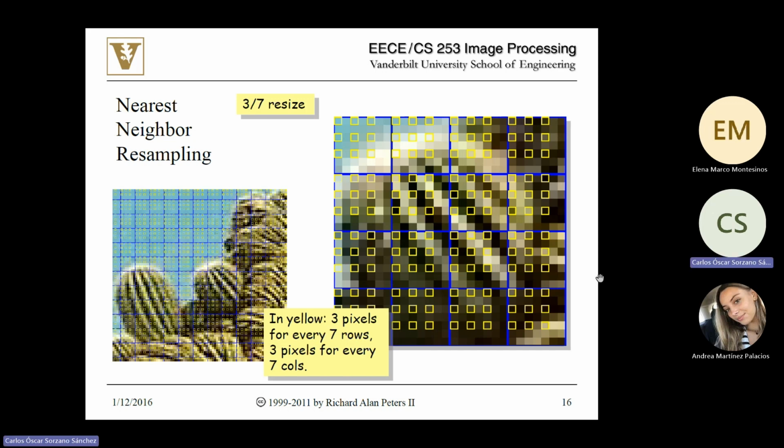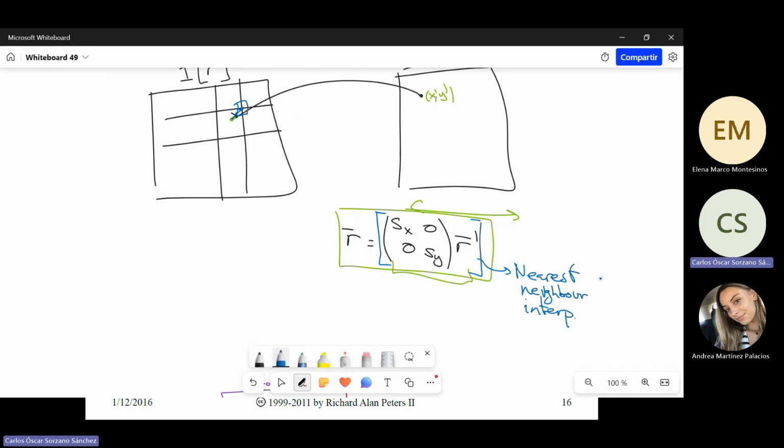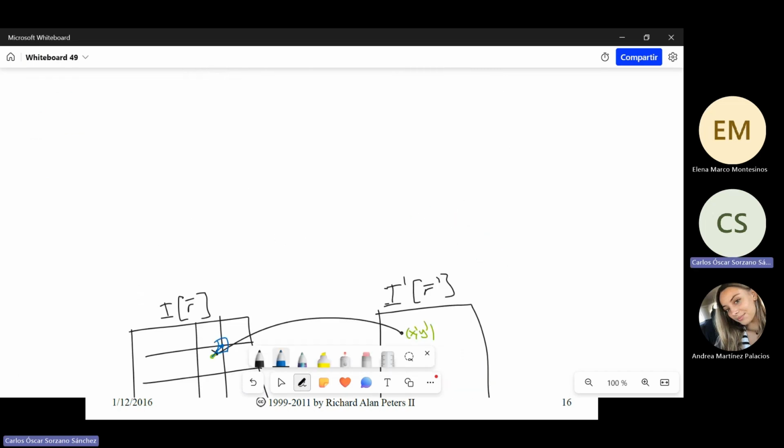Okay, so let's see if we can do anything better. So what is the equivalent in one dimension? In one dimension, I have a signal X with samples.